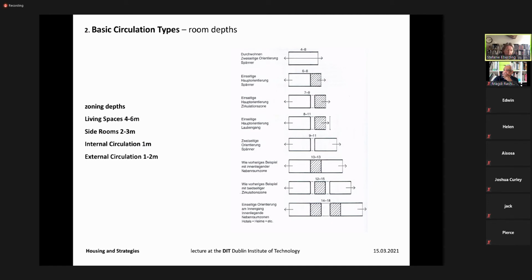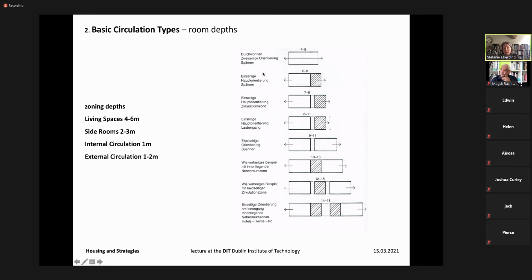That's important because when you start your urban design, you have to plan with certain building dimensions. And you can see on the right side, I take my mouse, hopefully everyone can see my mouse. So you have different scenarios. If light comes from both sides, you can put a room 4 to 8 meters deep.